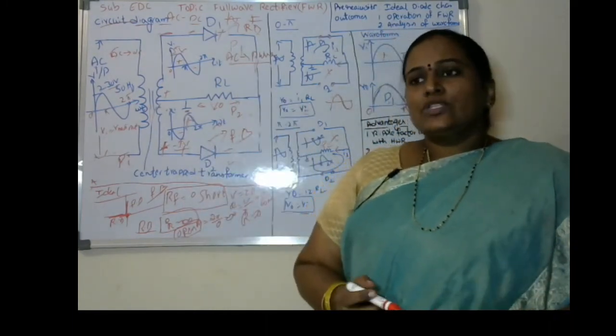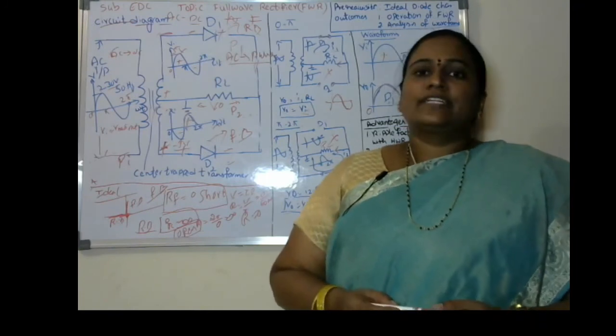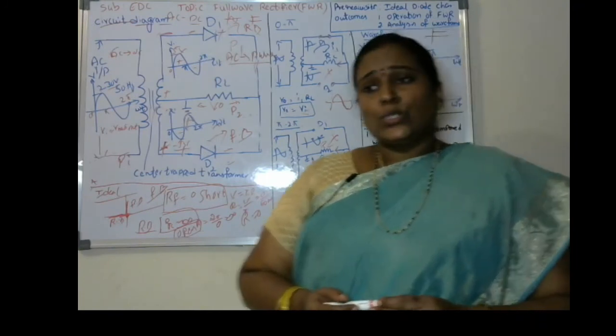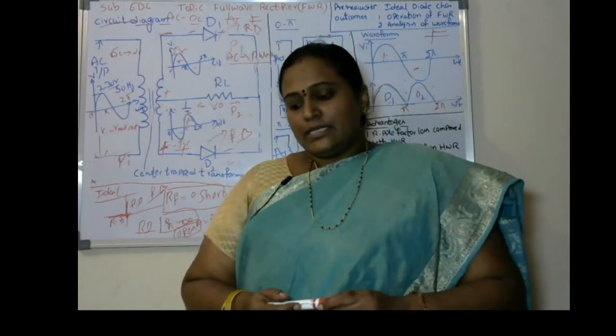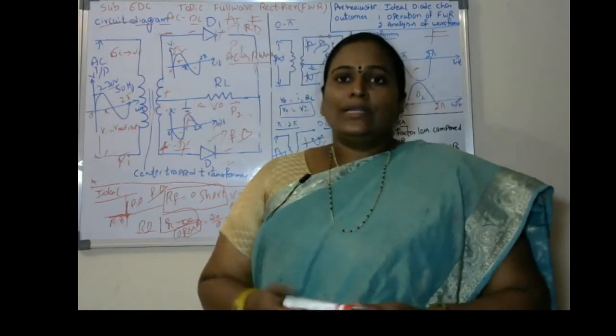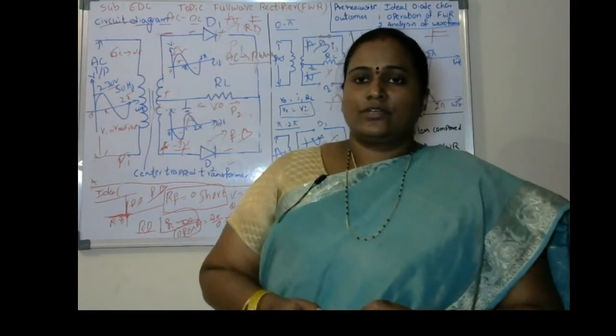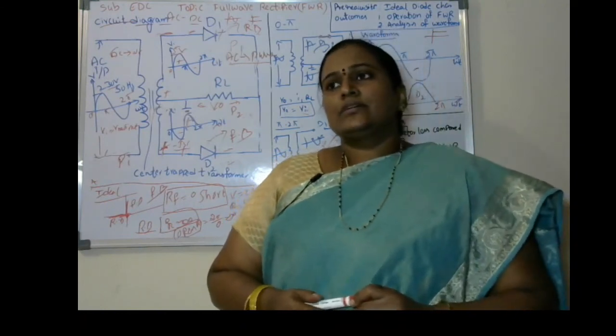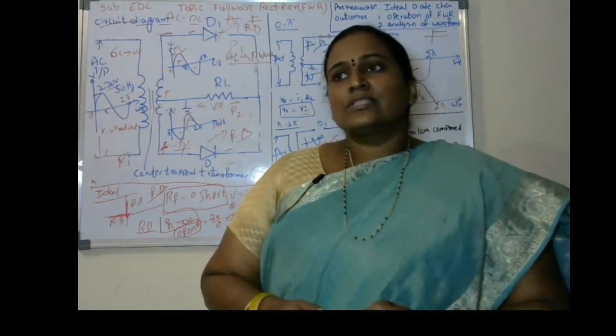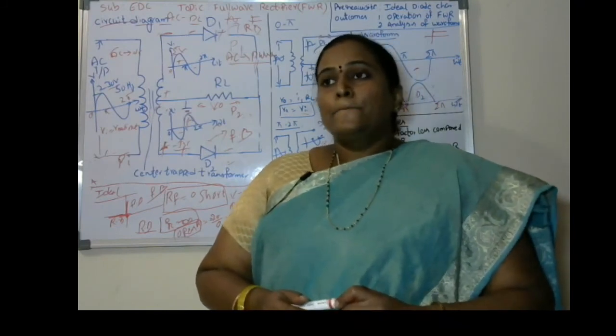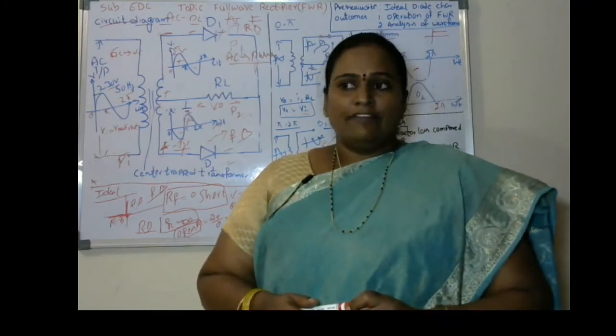When it comes to the application, we mainly use the full wave rectifier circuit for receiving modulated signals. The main advantage of the full wave rectifier circuit is that its efficiency is higher compared with the half wave rectifier circuit.